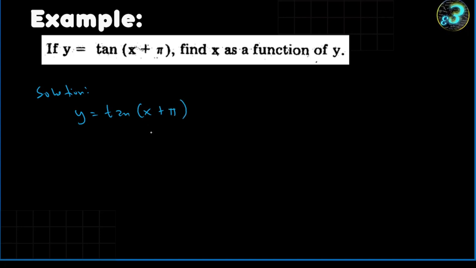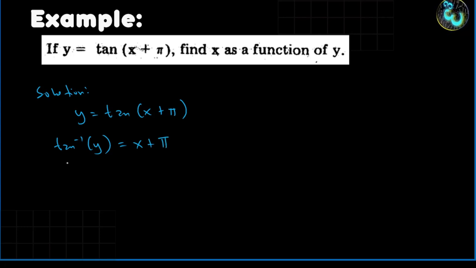Then get the inverse of this tangent. So y is equal to tangent, so we should first get the inverse tangent. So arctangent y is equal to x plus pi.